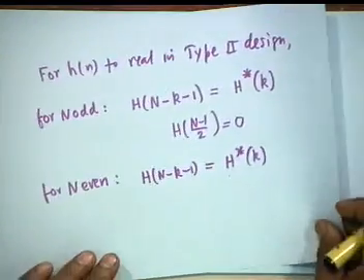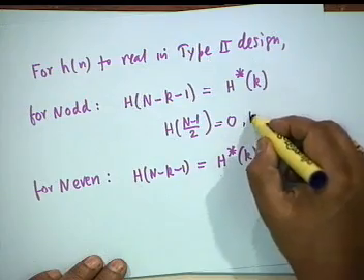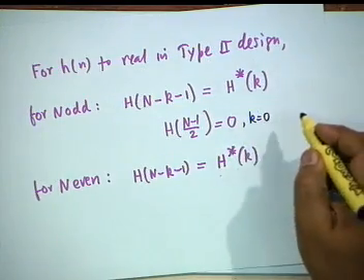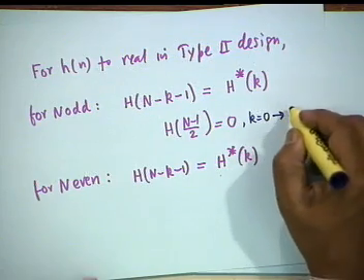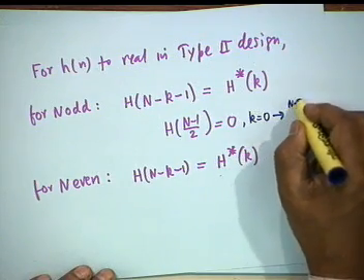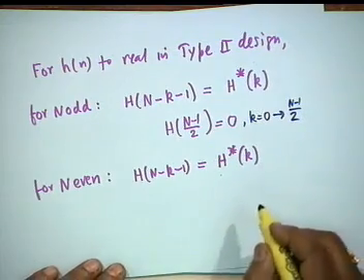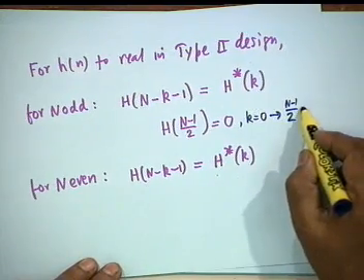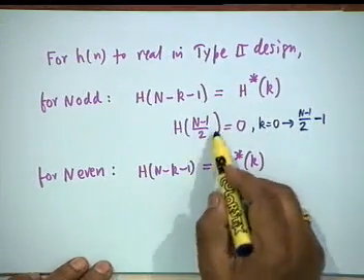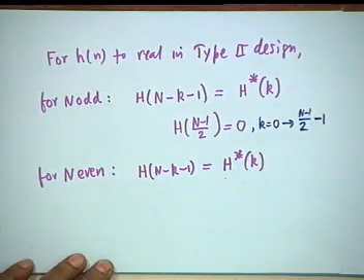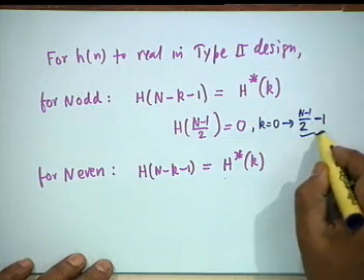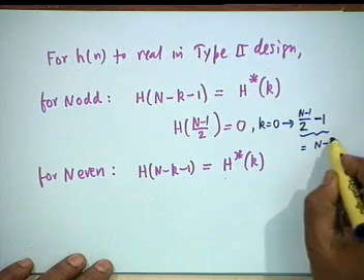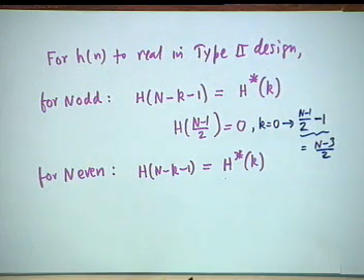Now in this case k goes from 0 to n minus 1 by 2, then minus 1, because n minus 1 by 2 is 0, right, this condition. What is this equal to? N minus 3 by 2, right.